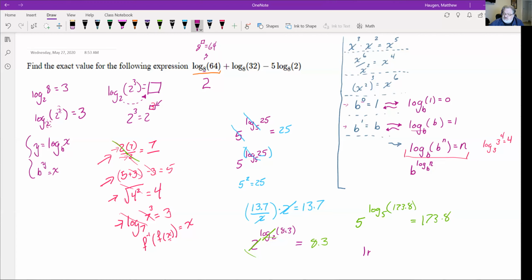How about the natural log of e to the 0.74? 0.74. Yeah, natural log is log base e. So just like all the others, log base e and exponent base e undo each other, yielding 0.74.